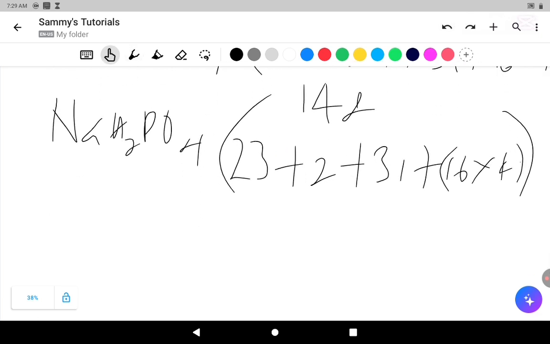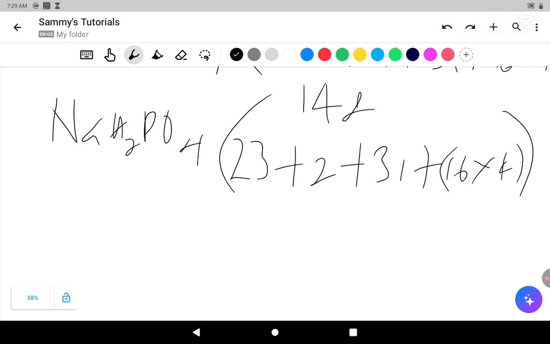Okay, let's press it together. 23 plus 2 plus 31 plus 16 times 4, which is 64.